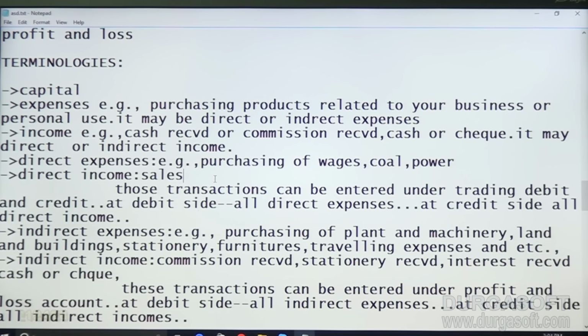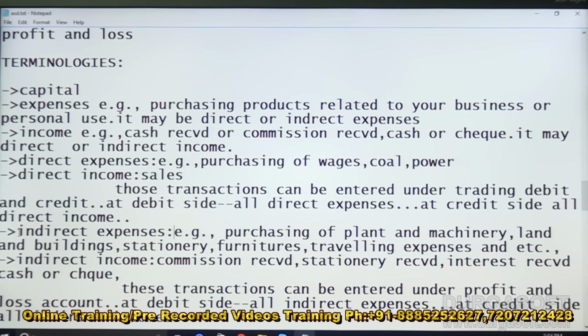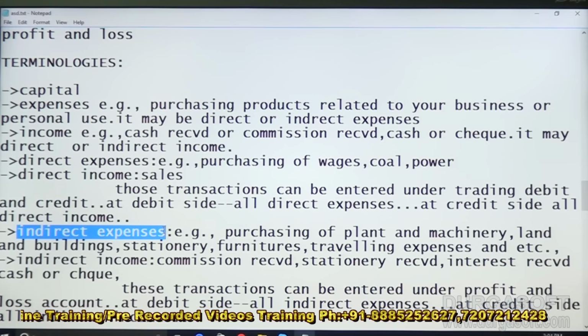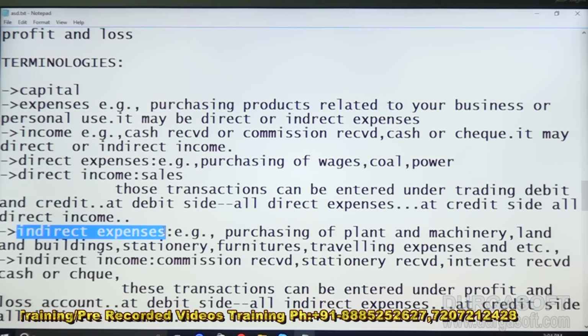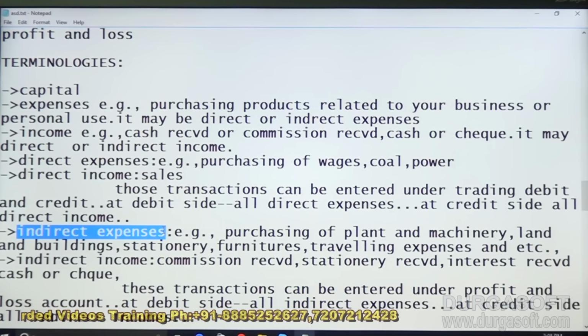And coming to the indirect expenses, all those can be understood very easily, depending on your daily basis, small expenses, stationaries, and also if you are purchasing books, machineries, plant, land and buildings, furniture, traveling expenses, all will come under indirect expenses, which are related to an office, and direct is related to a factory basis.